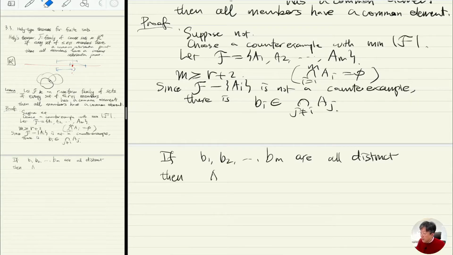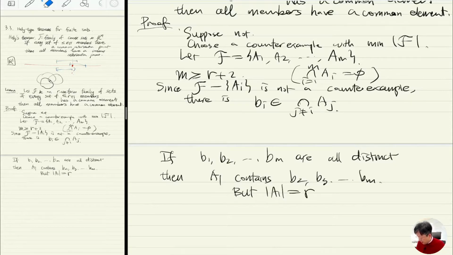Then A1 contains B2, B3, up to Bm, right? But that means the size of A1 is too big, but A1 has size only r. So that is a contradiction.